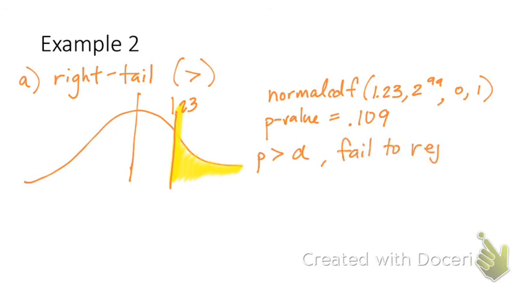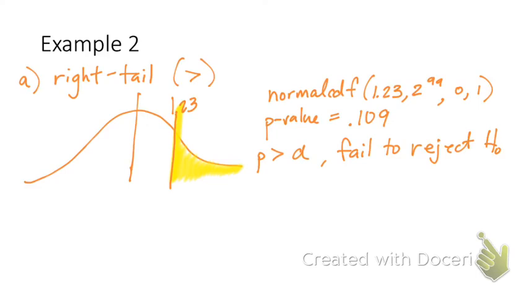Good. Where is alpha? It tells me in the problem. Fail to reject. Part C is hard. Yeah, it is.